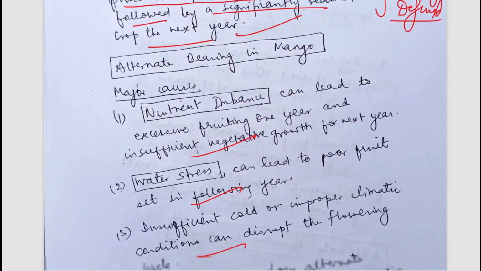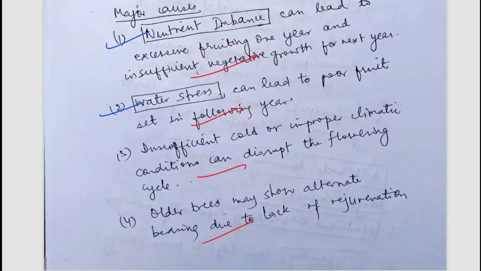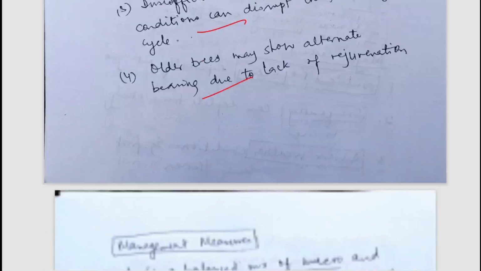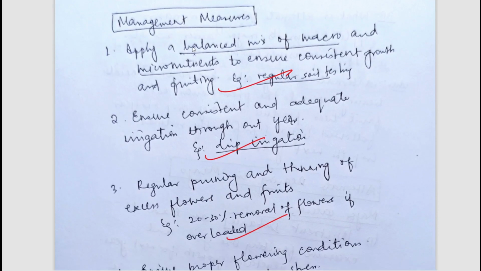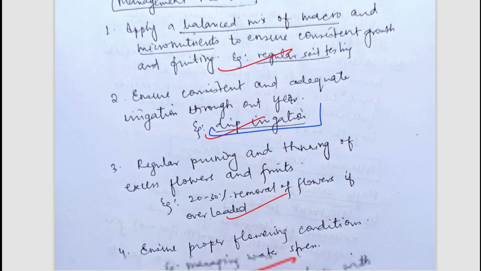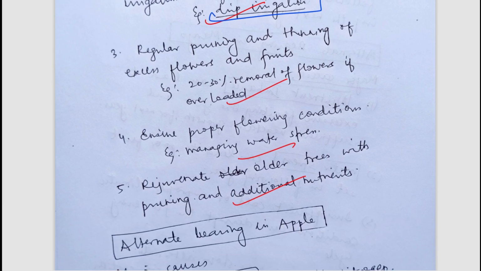Now, what is the major cause of alternate bearing in mango? It could be nutrient imbalance, water stress, and a fair amount of points have been mentioned. You can pause and read it if you want to. Management measures have also been mentioned, such as applying a balanced mix of macro and micronutrients. For good water management, we should use drip irrigation, regular pruning, ensure flowering, rejuvenate older trees, pruning with additional nutrients.